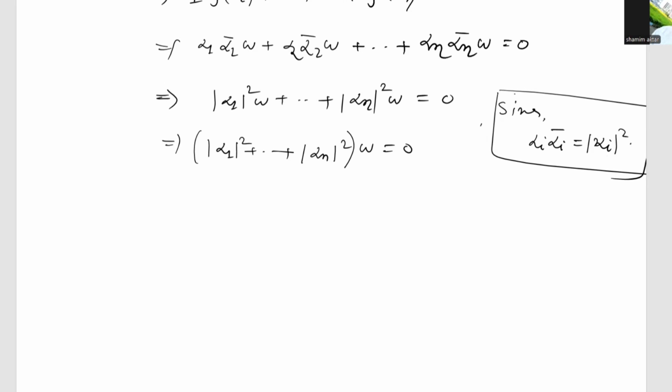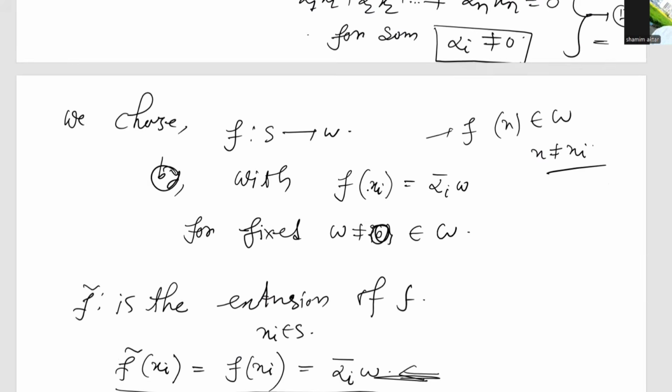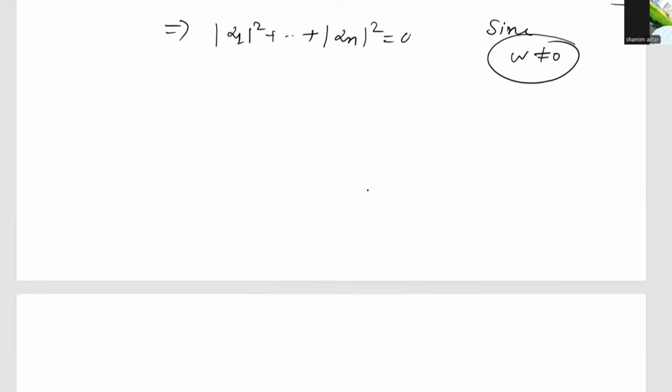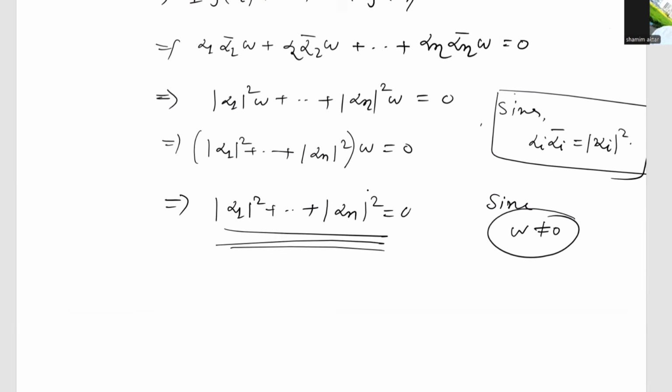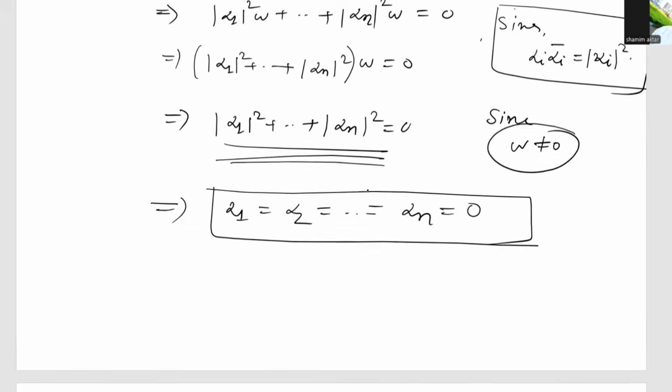So this implies mod alpha 1 squared plus ... plus mod alpha n squared equals 0, since w is a non-zero vector already chosen. So this implies alpha 1 equals alpha 2 equals ... equals alpha n equals 0, which is a contradiction.